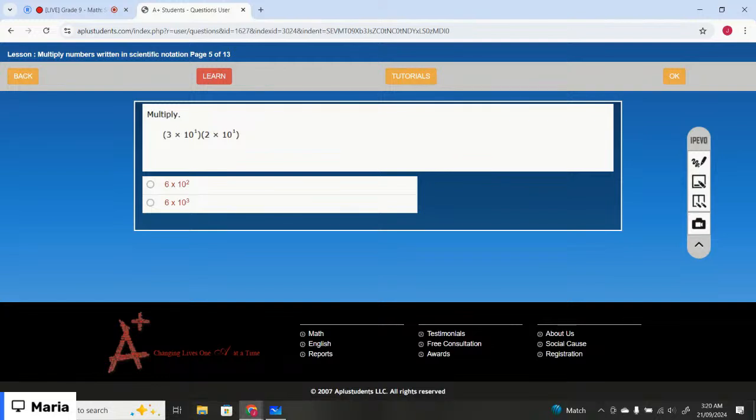The correct option is 6 times 10 exponent 2. Option number 1 is the correct option.